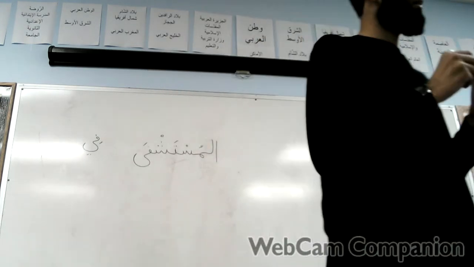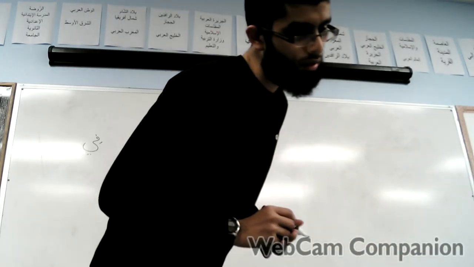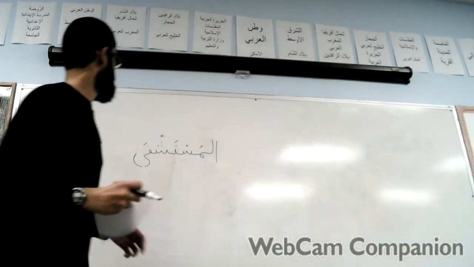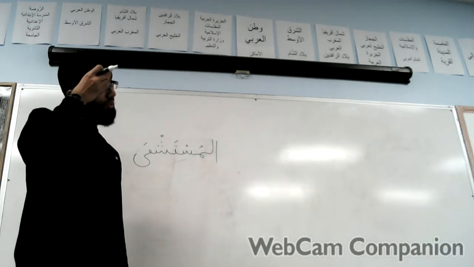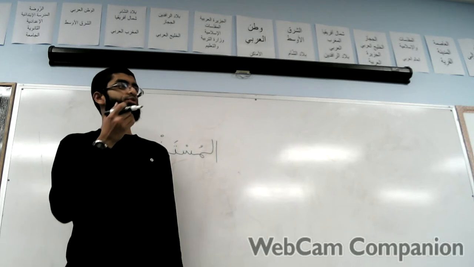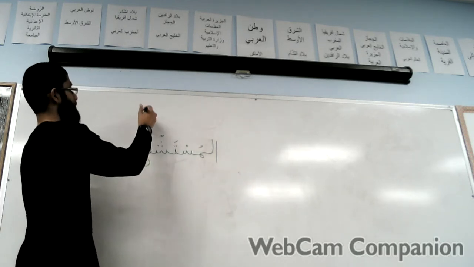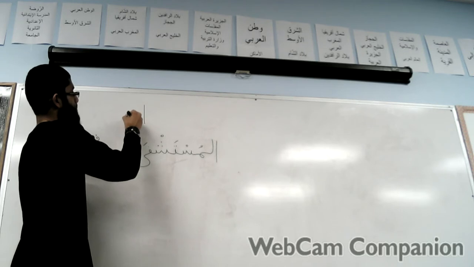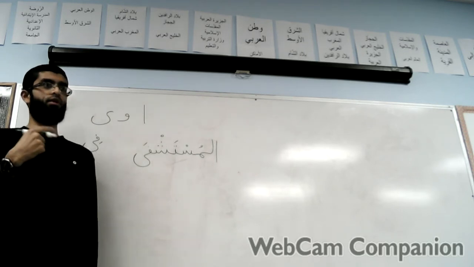You're talking about the ya at the end. I've read somewhere that some people were saying that that's actually an alif. You can think of it as an alif at the end. Was that right? It may be true, because when we get into verbs, we're going to see that there's a lot of weird stuff that goes on with these three letters, especially when they're in verbs.